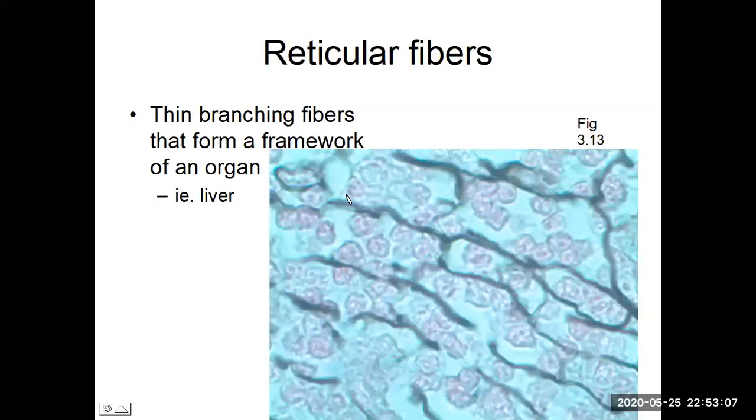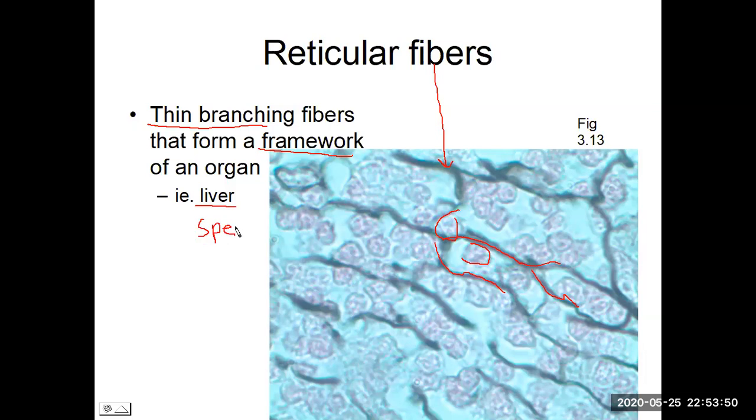The second type of fiber is reticular fibers. In this figure, they're seen here as these thin, branching, black fibers that are stained. And that's their appearance, these thin, branching fibers. They start out as the basic structure and framework for many, many organs, beginning with this internal latticework of reticular fibers. And then in turn, the actual cells of that organ are attached to that latticework. An example would be a liver or a spleen.